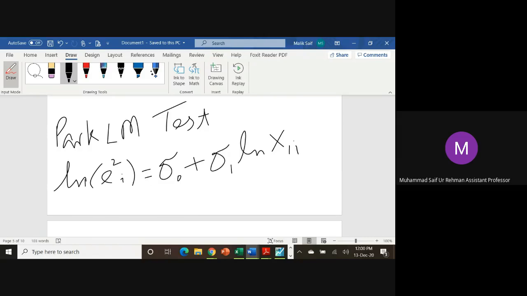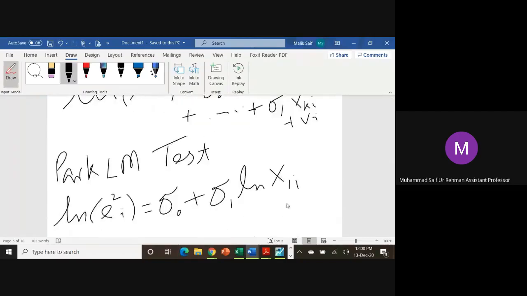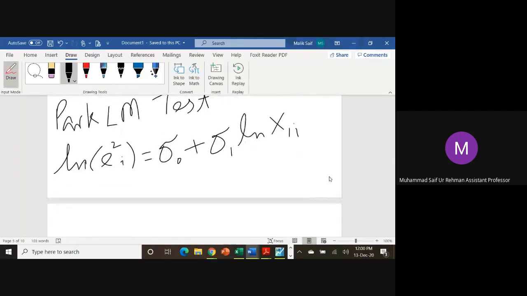In previous equations there was no ln, so you have to apply log on the explanatory variables as well. So ln x2i plus so on, and finally you will have delta k ln xki, and then the residual term. Fine.